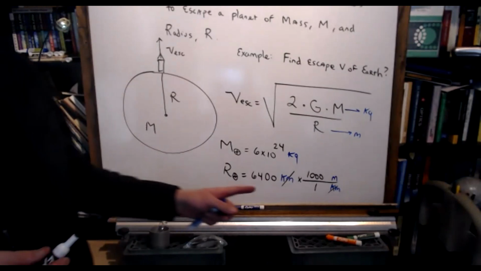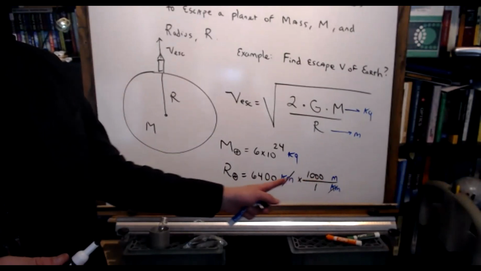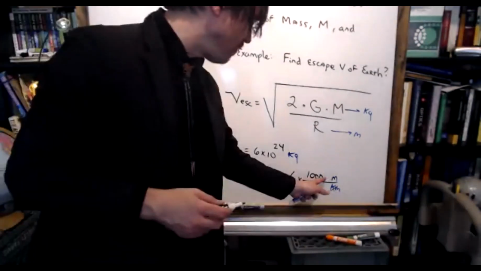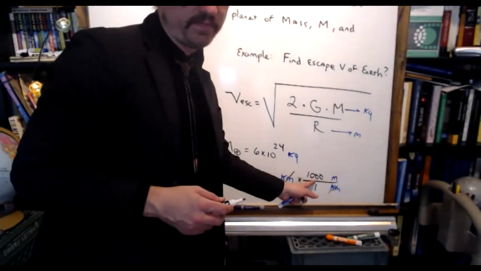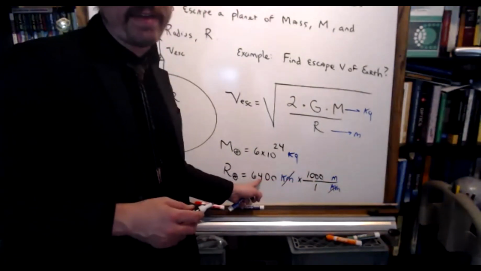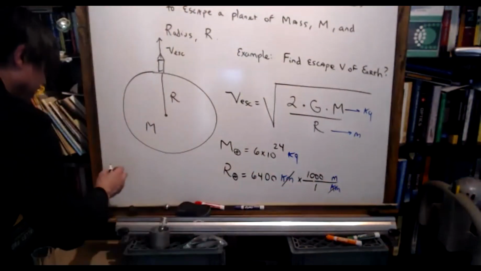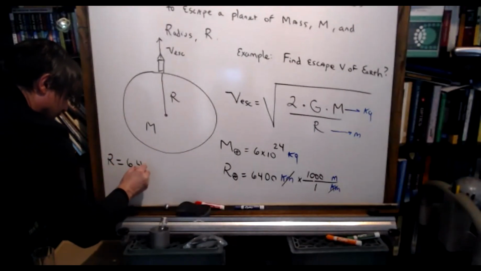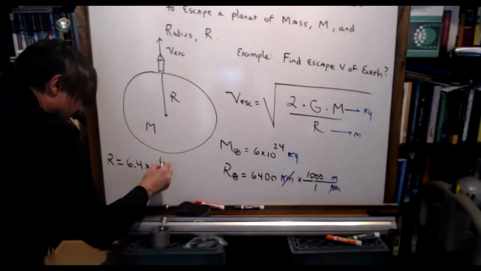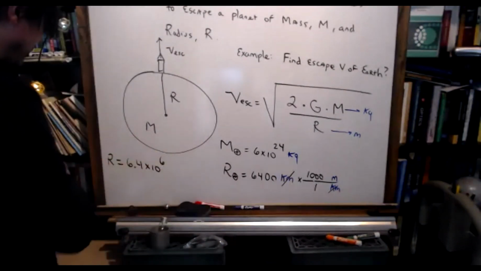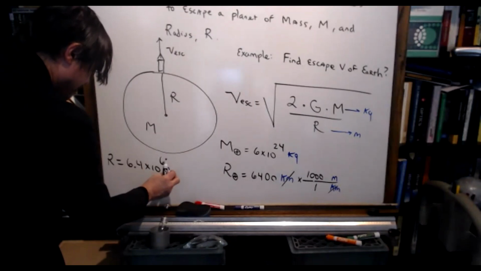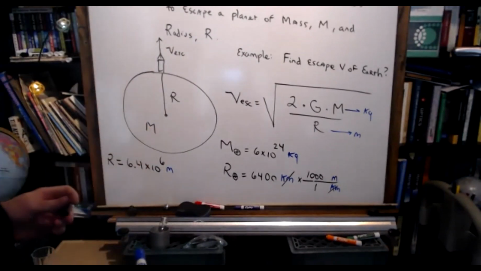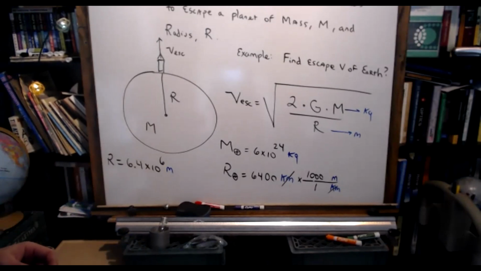Yeah, I got 6.4 times 10 to the 6th. Very good. Because you can see, Frank, you've got 1, 2, 3 zeros, and then 4, 5, and the 4 is a 6th zero. So then the radius of Earth becomes 6.4 million meters. Sorry, I had to put it over on the left side here because I ran out of space. Okay, now everything's in MKS units, so we should be good to go. Right, Frank?